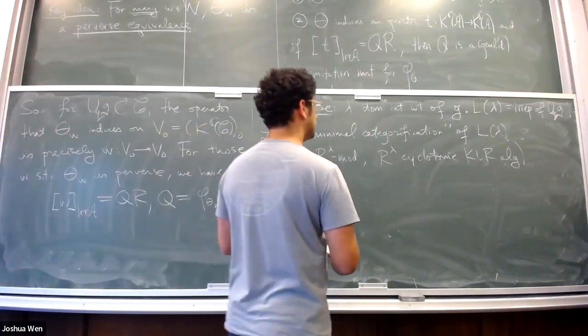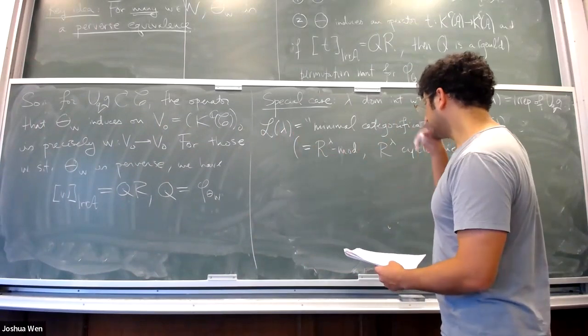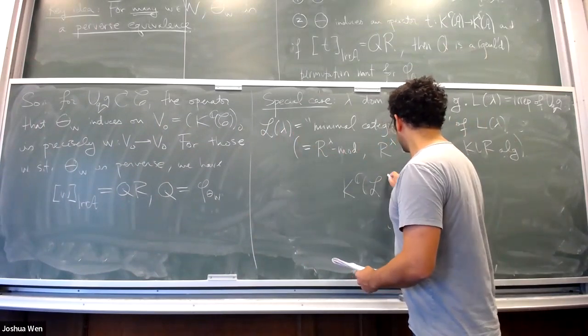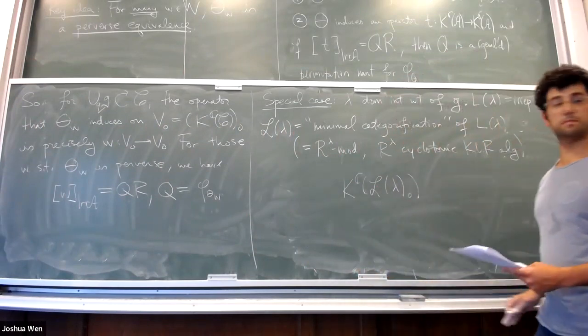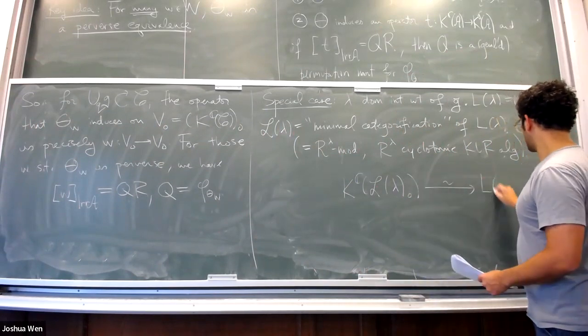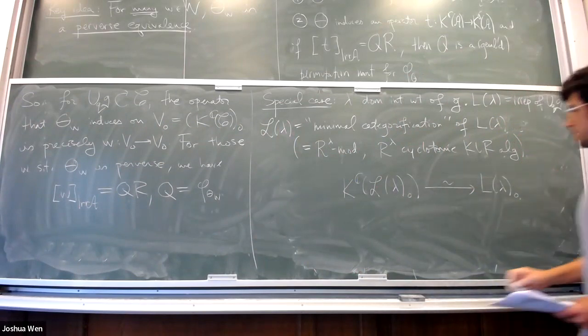Okay, so in this situation, let's think about what our results give us. I'll take the Grothendieck group, and again, just focus on the zero weight subcategory. This thing is isomorphic to the zero weight space.